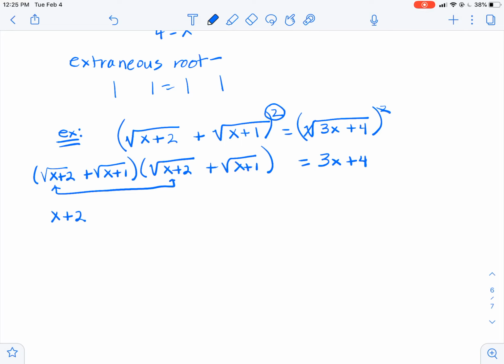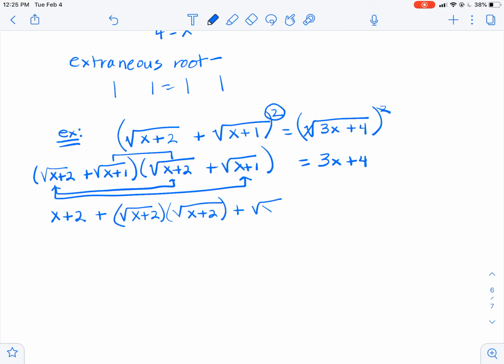When I go to do the outside, now I have this one times this one. So I'm going to get the square root of x plus 2 times the square root of x plus 1. When I go to do the inside, I now have another square root of x plus 2, oops, that's supposed to be, one of those is supposed to be a 1.